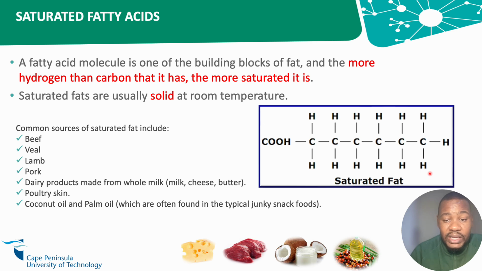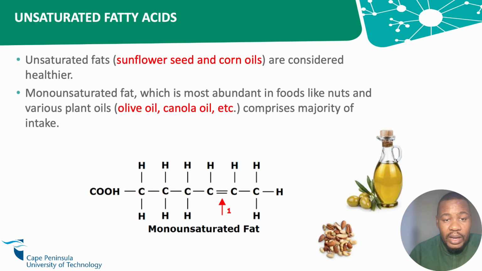It means there is no space for incorporation of another hydrogen molecule. So we will say these become solid at room temperature, and the examples include beef, poultry, coconut oil, palm oil, etc. If you look at unsaturated fats, they normally come from sunflower seed or corn oils.